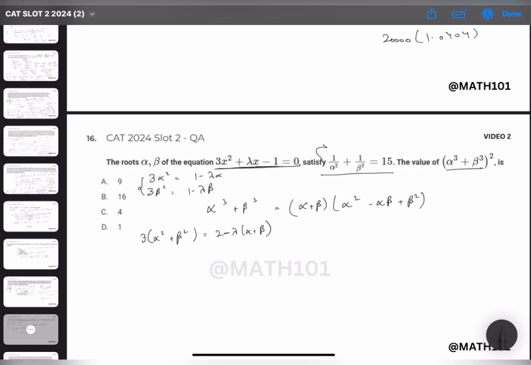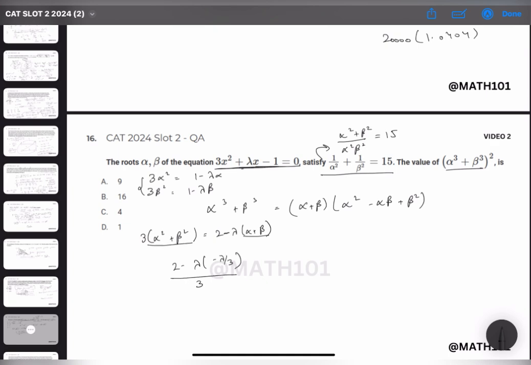Using this, we get, taking LCM of denominator and multiplying common denominator, this is 15. So alpha square plus beta square is this by 2 with this by 3. So we have alpha square plus beta square is 2 minus lambda times alpha plus beta, which is minus lambda by 3, upon 3.